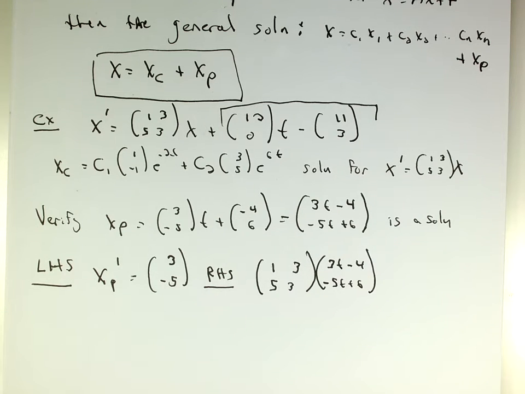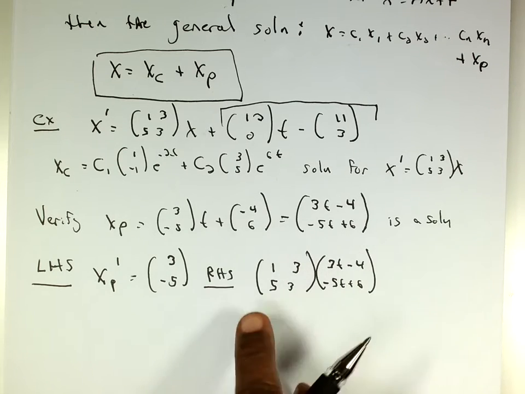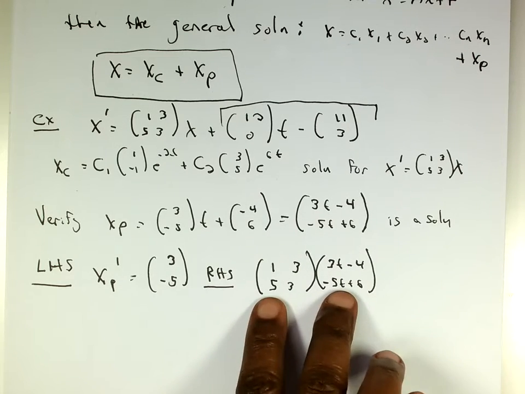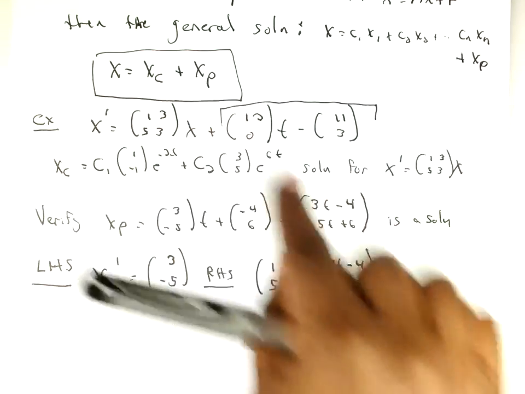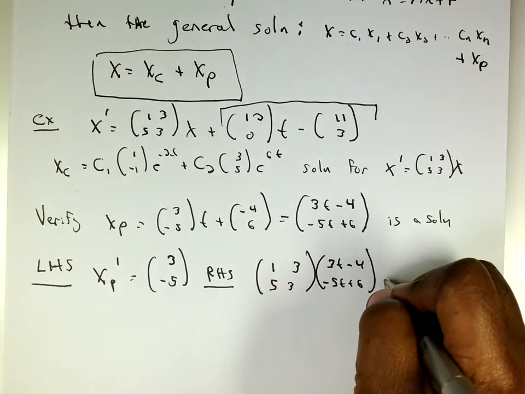So when I'm multiplying my matrices, again, I'm going to multiply across and then down. And then the other piece, though, this is just the first part of it. But because I had that particular solution, xp, I have to also add that in.